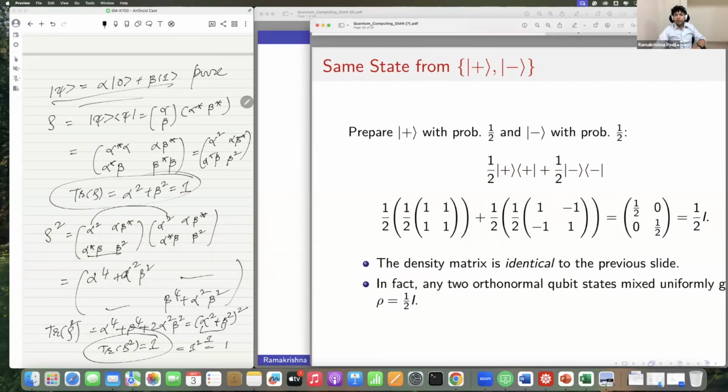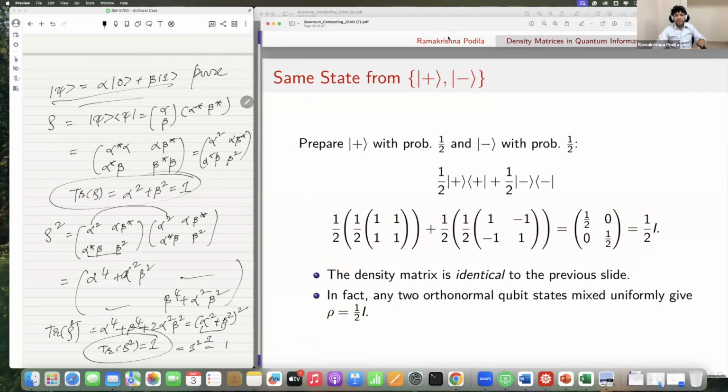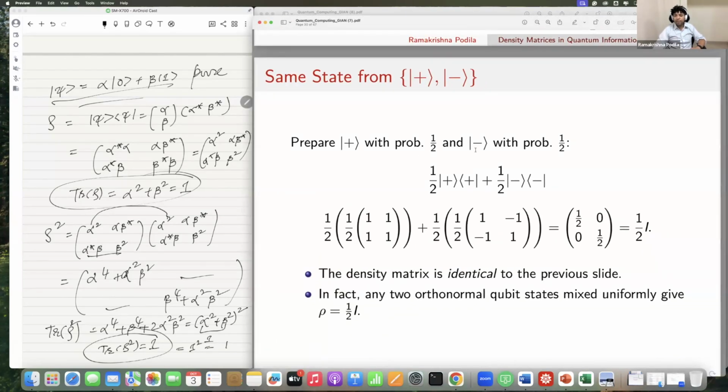Okay, so if we have a state like this, like plus and minus, each with probability half. So I'm not mixing. So when I'm doing the density matrices, I'm adding the probabilities themselves. So I can get this kind of maximally mixed states that I cannot express.